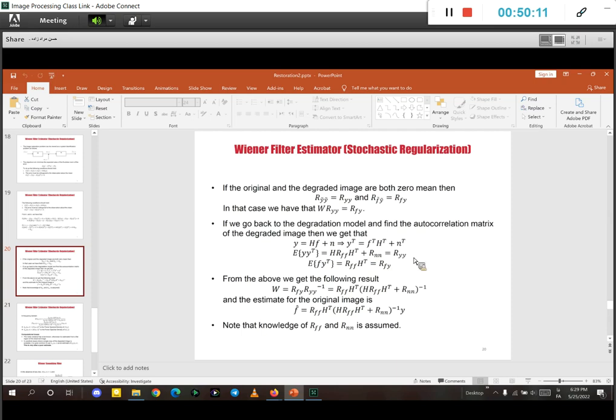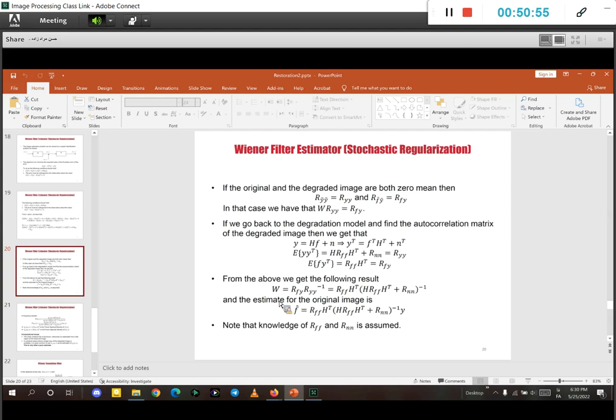This is the autocorrelation of the output. For the cross correlation, the expected value of F Y transpose, that is the cross correlation of F and Y, is the autocorrelation of the input times H transpose.